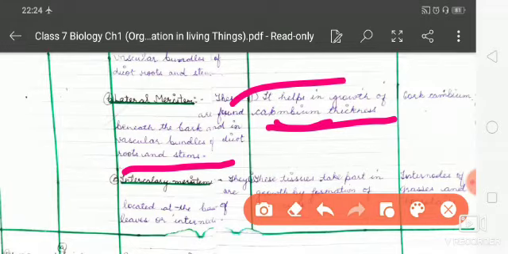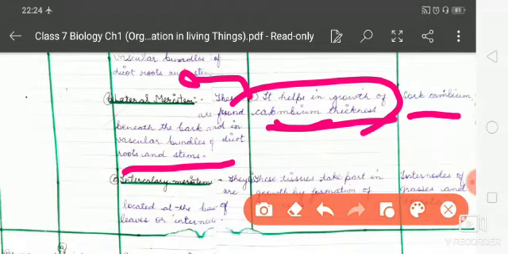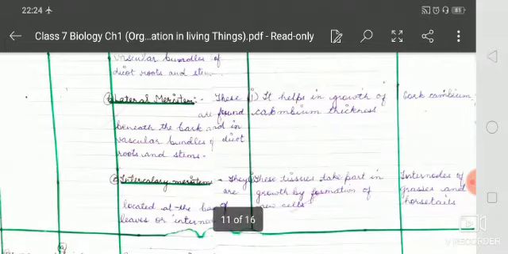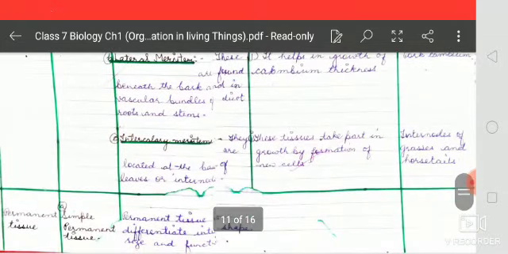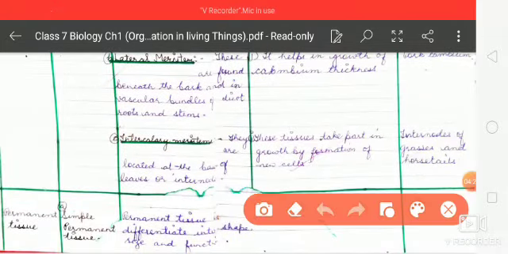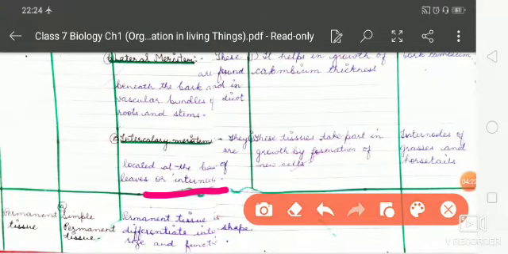Lateral meristem is responsible for this. Next one is intercalary meristems. They are located at the base of leaves or internodes, and these tissues take part in growth by formation of new cells, in internodes of grasses.